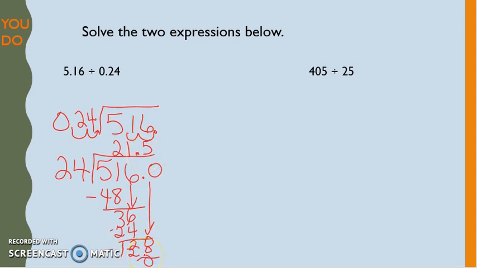Okay, so the answer to this problem, the quotient, is 21.5. And then the next one, we have 405 is our dividend divided by 25. And we can just go ahead and start dividing because we don't have any decimals to worry about.